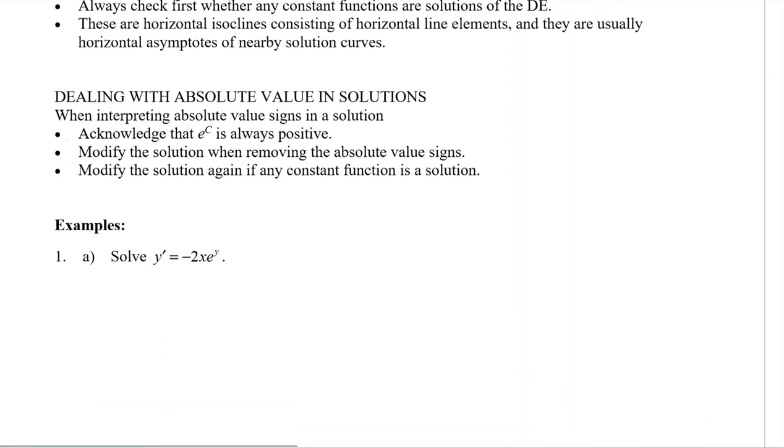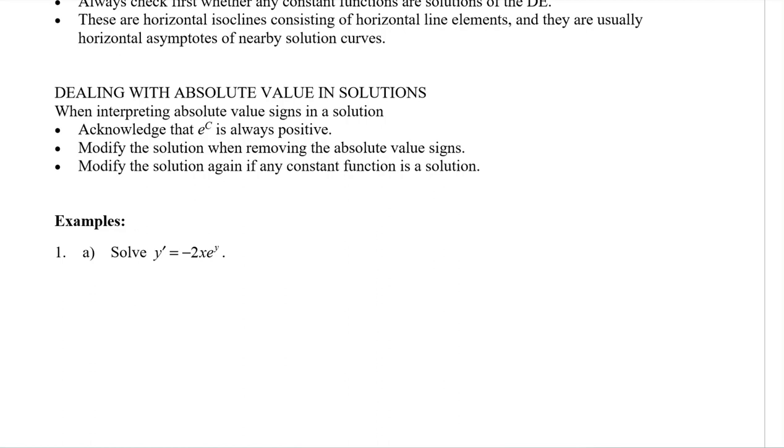Dealing with absolute values, because we are going to come across them: if we're integrating things that have dy, for example, on the bottom, they integrate to logarithms, don't they? So we are going to have some absolute values popping up. When interpreting absolute value signs in a solution, acknowledge that e to the power of c, c being a constant, is always positive.